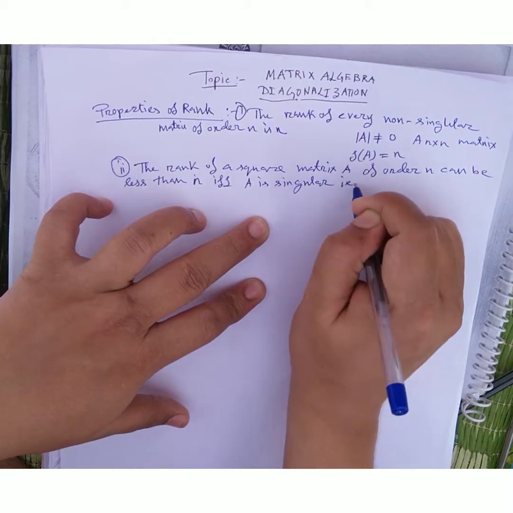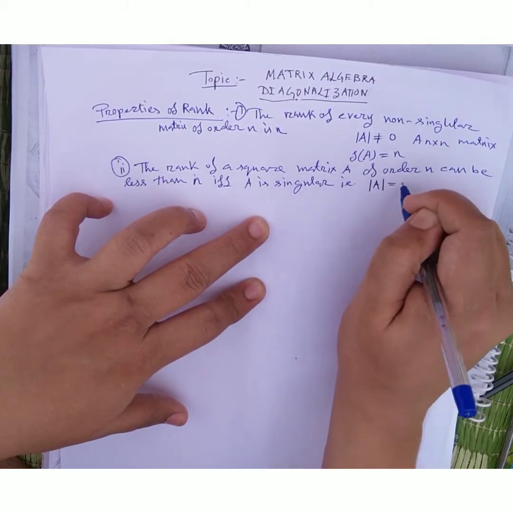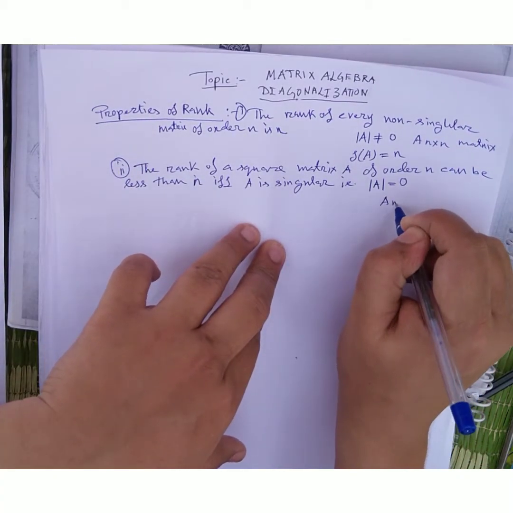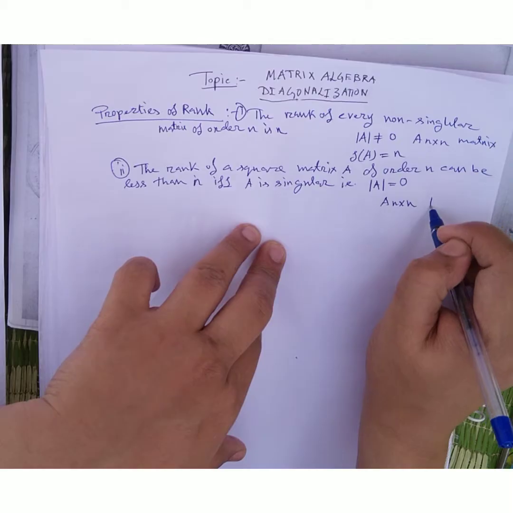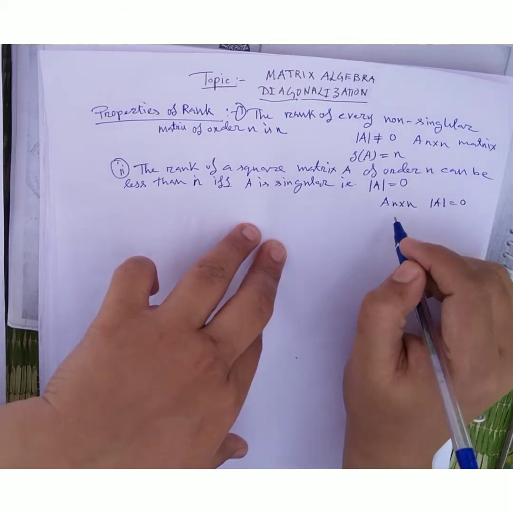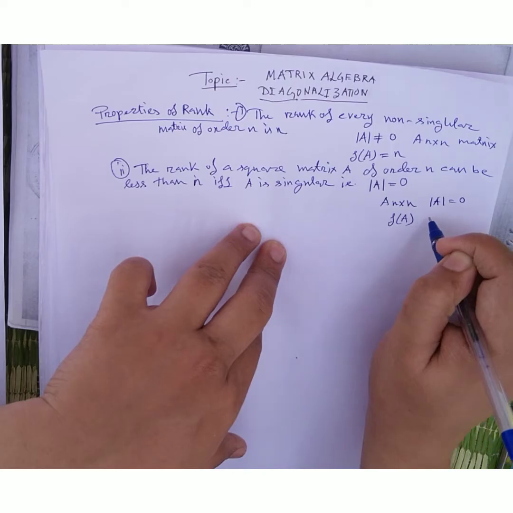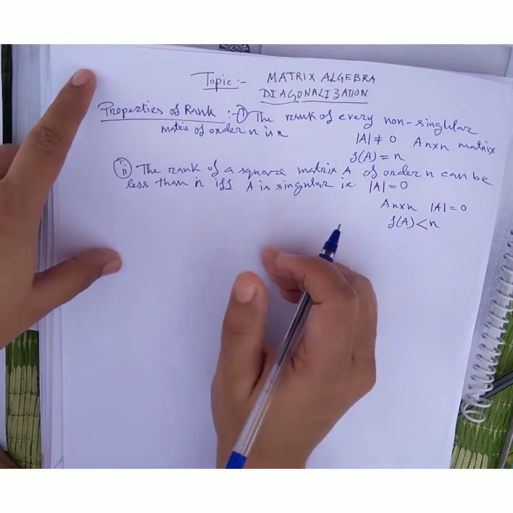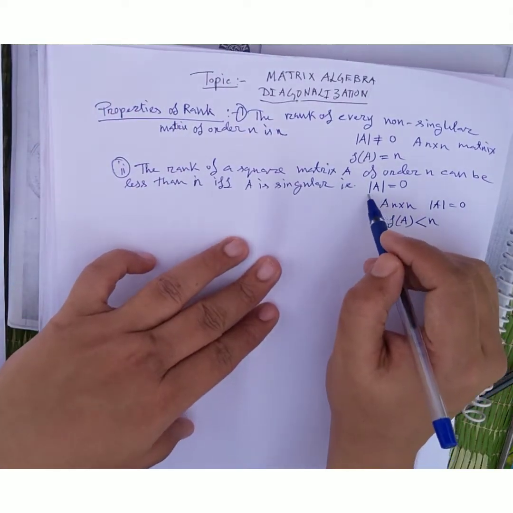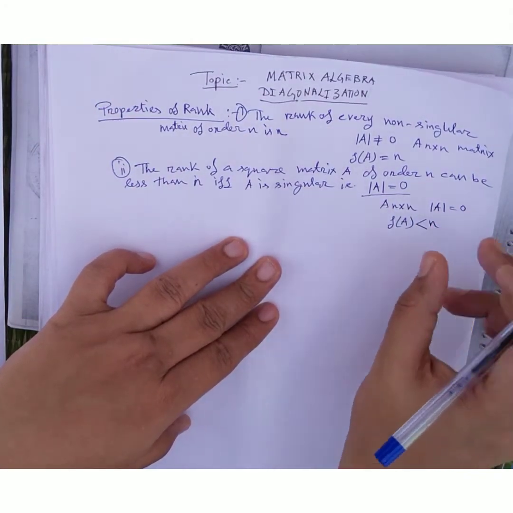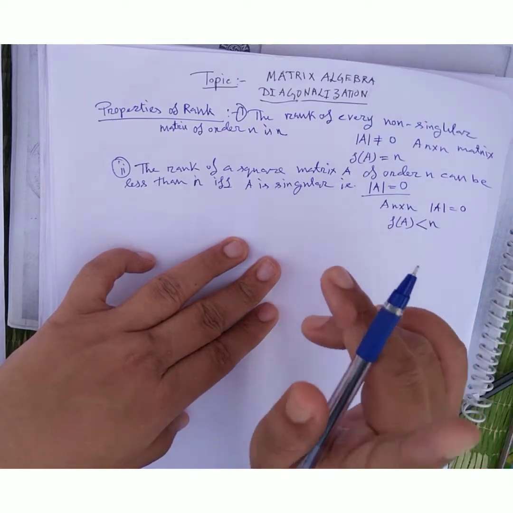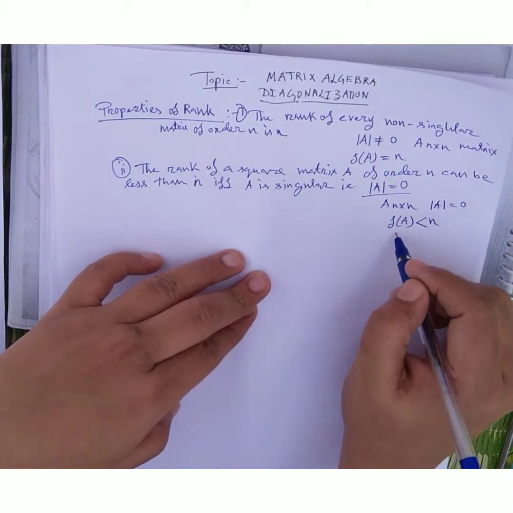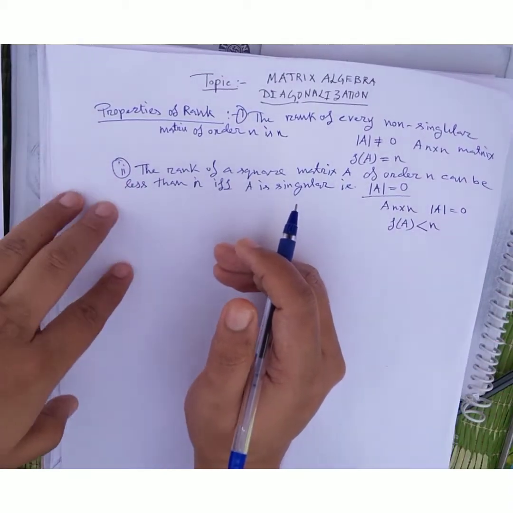That is, the determinant of A is equal to 0. A is singular means A is an n cross n matrix, friends, and det A is equal to 0. Then the rank of A is obviously less than n, because at least one eigenvalue is 0. That's why the rank of A is less than n.